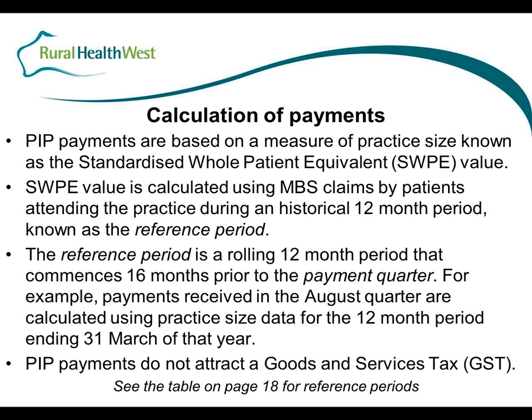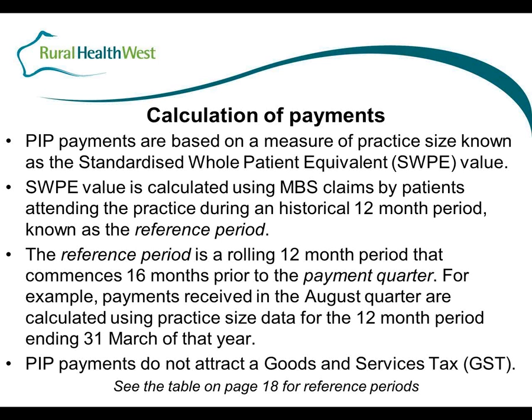PIP payments are based on a measure of the practice size known as the Standardised Whole Patient Equivalent, or SWPE value. The SWPE value is calculated using MBS claims by patients attending the practice during an historical 12-month period known as the reference period. The reference period is a rolling 12-month period that commences 16 months prior to the payment quarter.